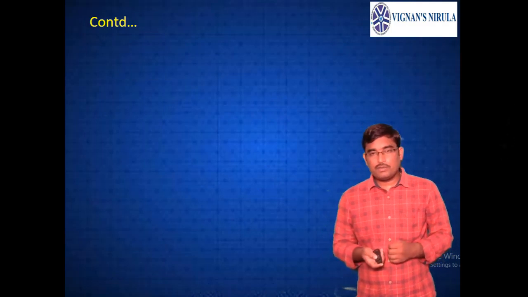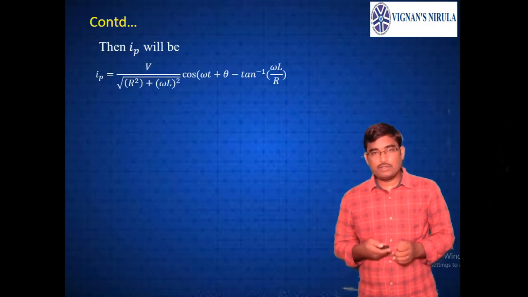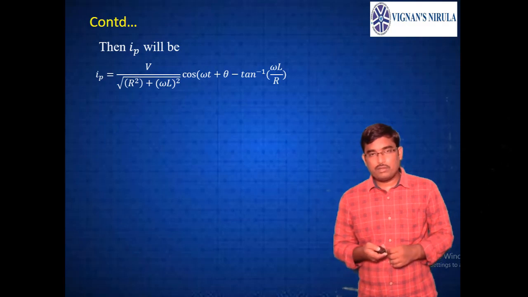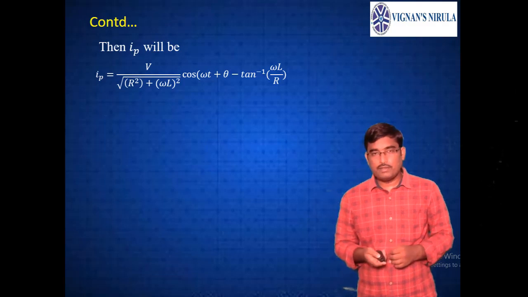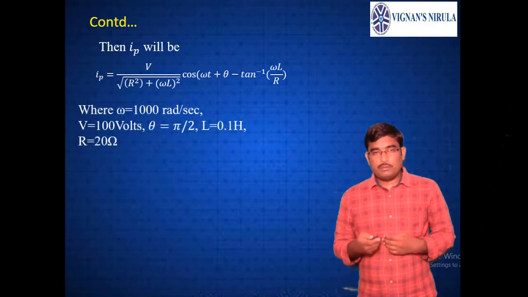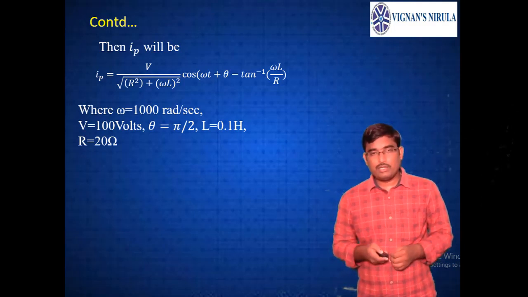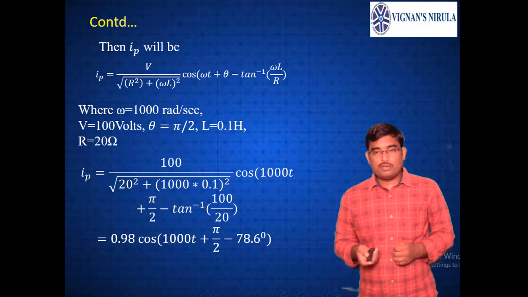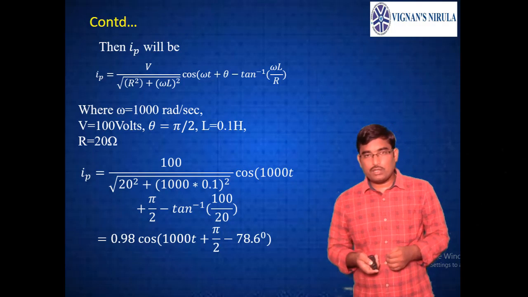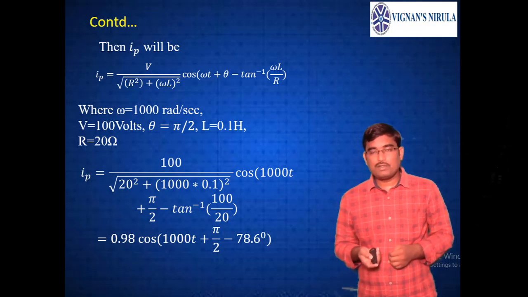By taking Ip as that equation, I get Ip as we have just derived: V by square root of R square plus omega L whole square into cos of omega t plus theta minus tan inverse omega L by R. Now, keeping all the values, omega equals 1000, V equals 100 volts, theta equals pi by 2, L equals 0.1 henries and R equals 20 ohms in the above equation of Ip, Ip will be 100 by square root of 20 square plus 1000 into 0.1 whole square, into cos of 1000t plus pi by 2 minus tan inverse omega L by R, that is 100 by 20.